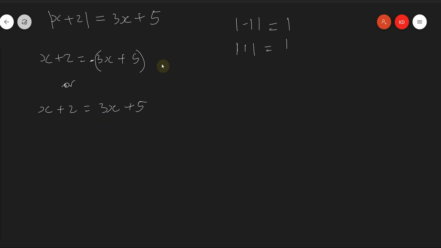Right, so from here we'll have x plus 2 is equal to -3x minus 5, which means if we collect the like terms, we'll have 4x is equal to -7.